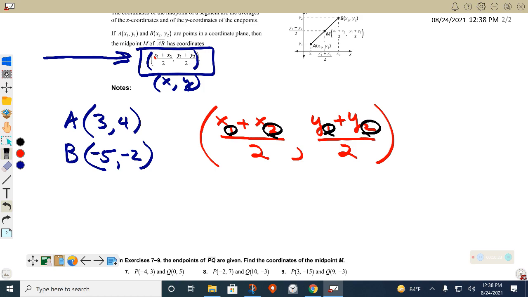This morning, the Village Academy kids had a PE class going out on the blacktop, and they were lining up on the numbers that are on the blacktop. Those numbers are placeholders for a student. In the same way, x sub 1 is a placeholder for one of the x coordinates that we're dealing with over here. X sub 2 is a placeholder for one of these x's over here.